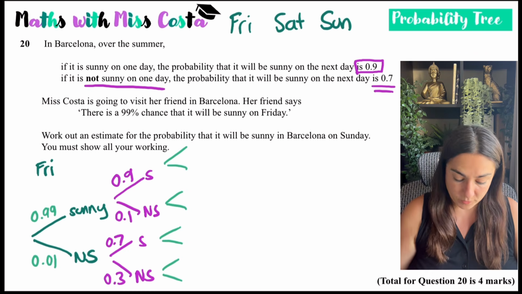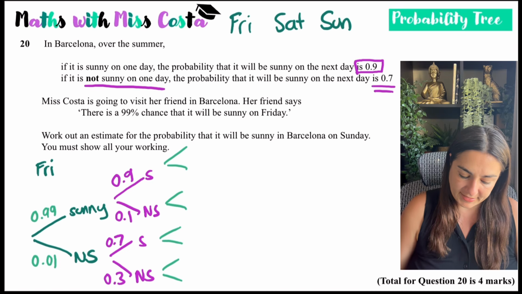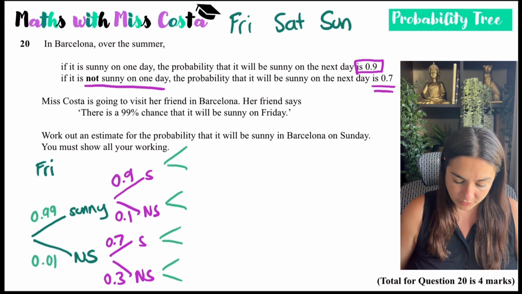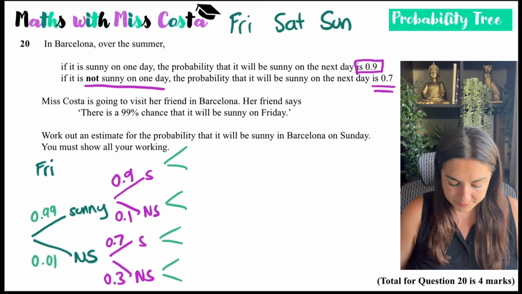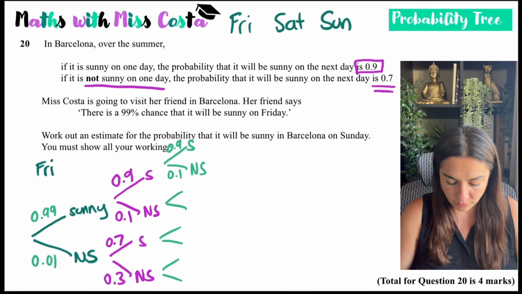And then we've got the final part. So what are our options for Sunday? How many ways could it be sunny? There's 4 ways. So if on Saturday it was sunny, it would be 0.9, and not sunny would be 0.1 again.